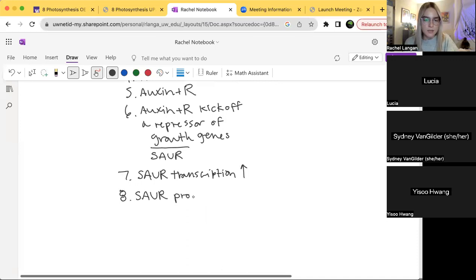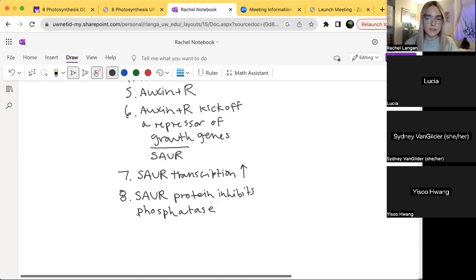SAUR protein inhibits phosphatase. And what do phosphatases do? The opposite of kinases. Phosphatases dephosphorylate things, where they remove a phosphate group.